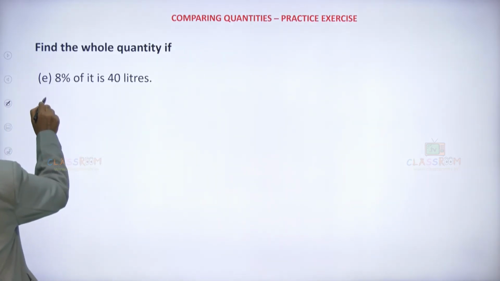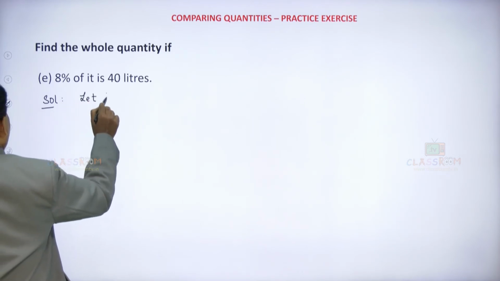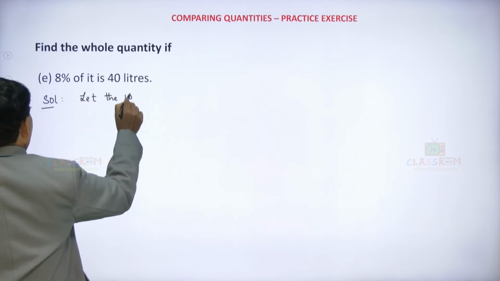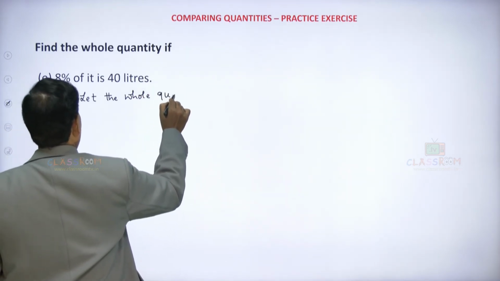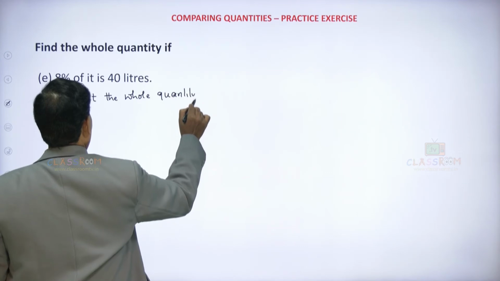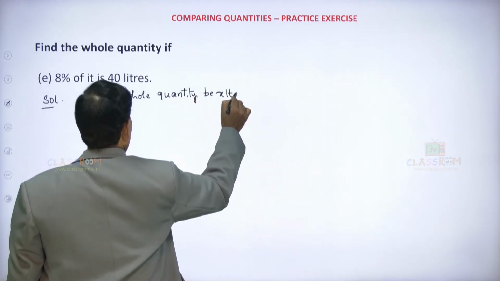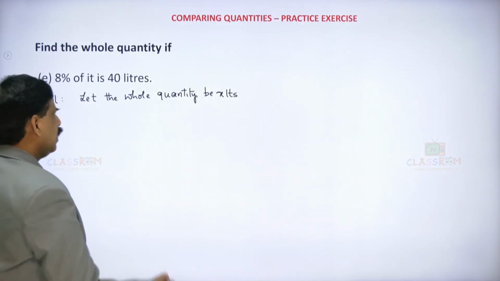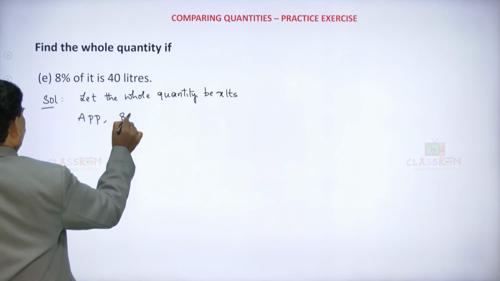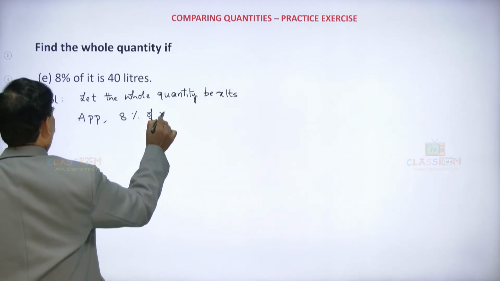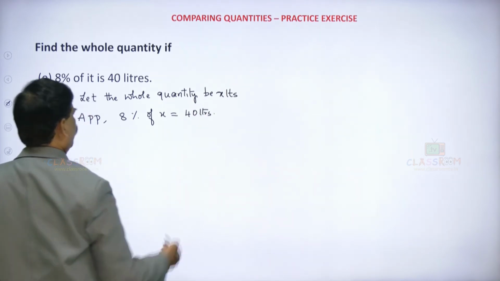So let the whole quantity be x liters. So as per the problem, 8% of x, that is 40 liters.